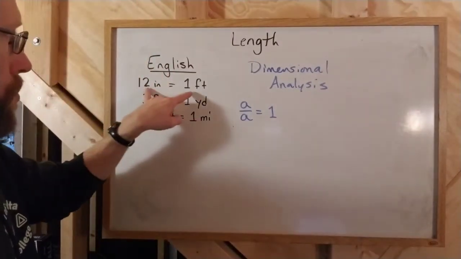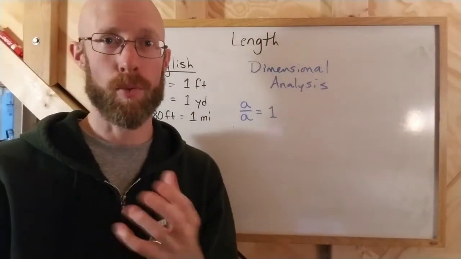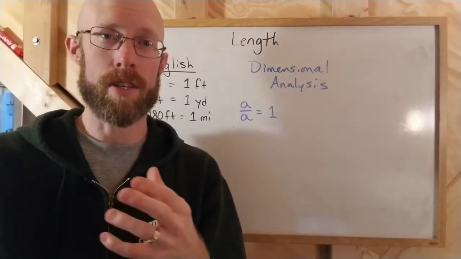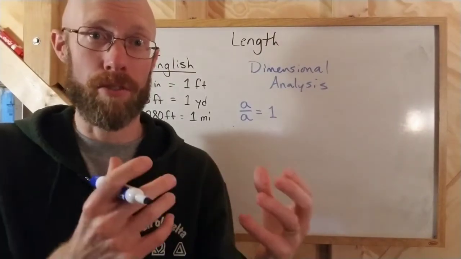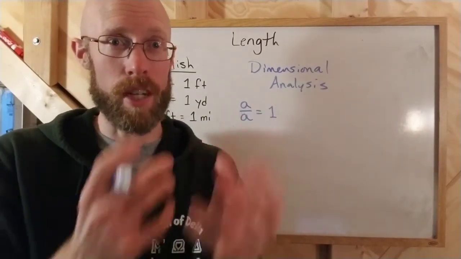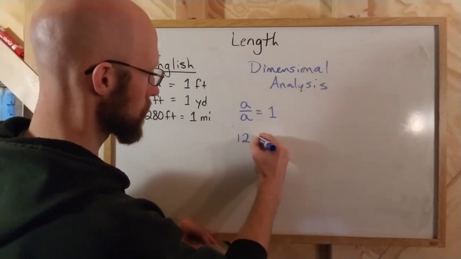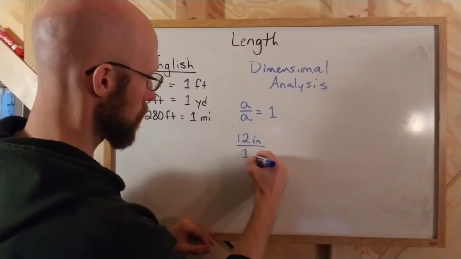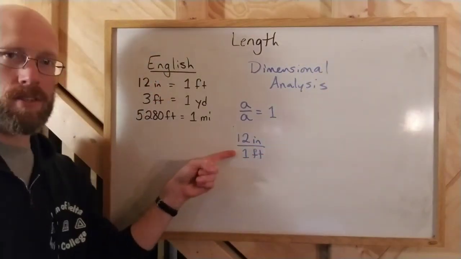Well, if these two things are equal, then 12 inches is equal to 1 foot. So 12 inches is 1 foot is 12 inches. They're interchangeable. And so if you were to divide one of them, 12 inches, by 1 foot, well, this is divided by itself, basically, right?